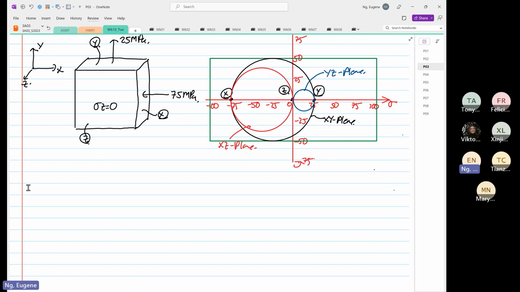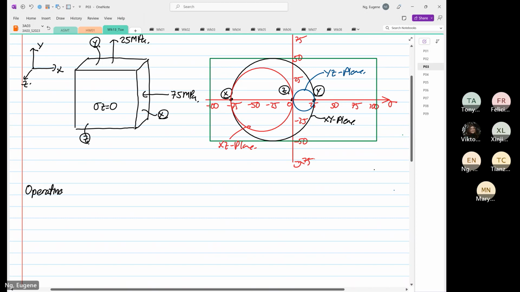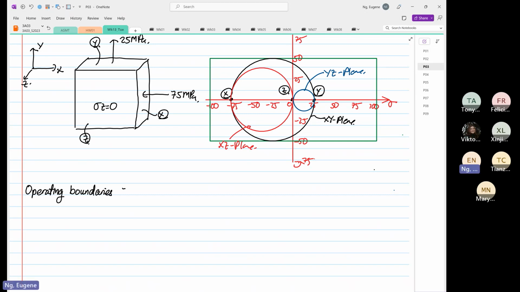Okay, so we have to look at the operating boundaries for Tresca criteria.